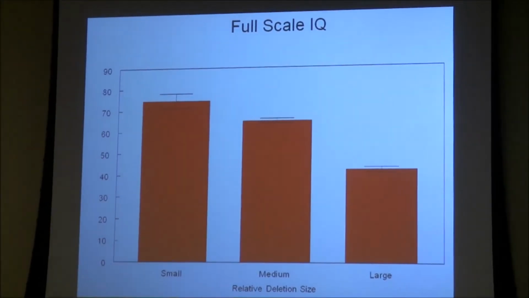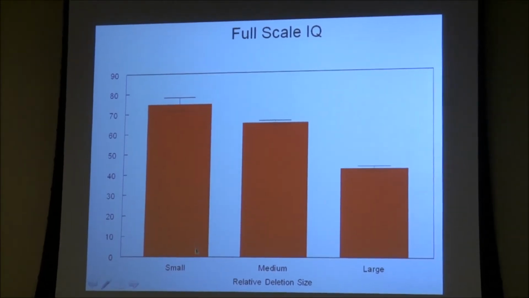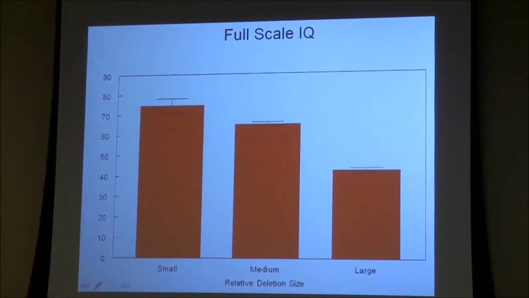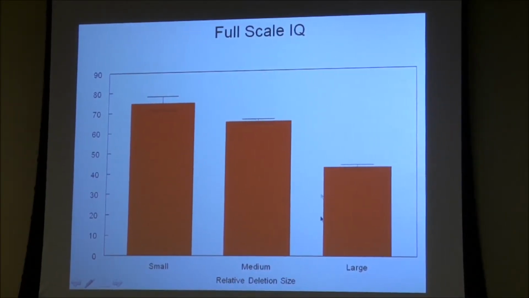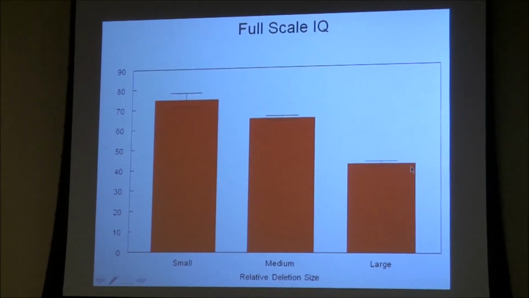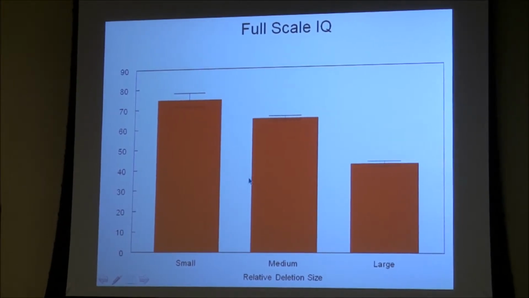This is just another way of showing that. I've qualitatively defined the deletions as small, medium, and large. And what you can see is that there is a huge drop-off once you get past this 12 megabase breakpoint, where the full-scale IQ significantly drops to somewhere in the range of the 40s.